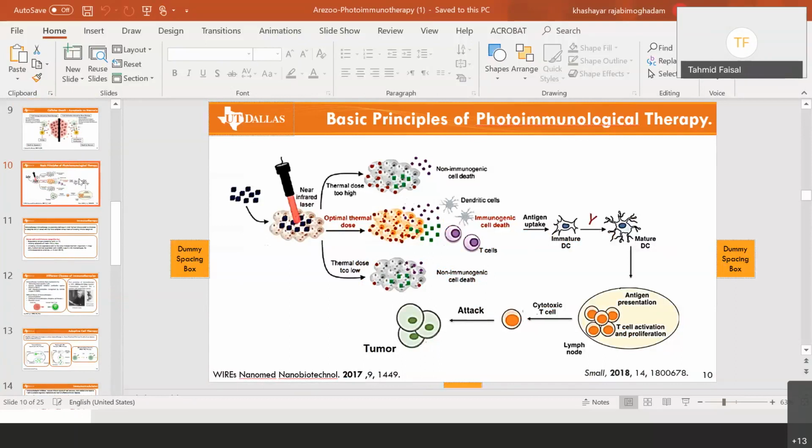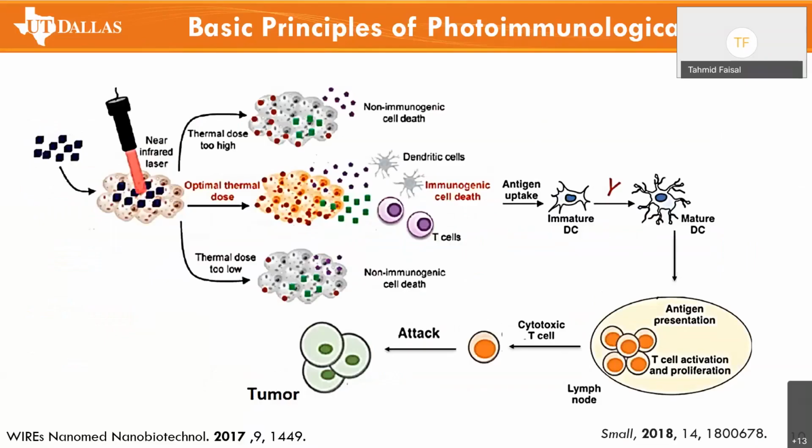And in case of too high or too low, you mentioned it as non-immunogenic cell death. Can you please elaborate on this term a little bit? What do you mean by non-immunogenic cell death here?